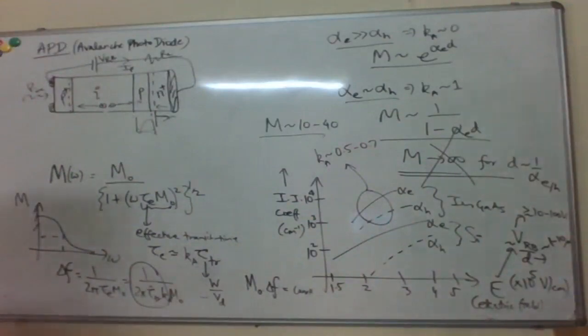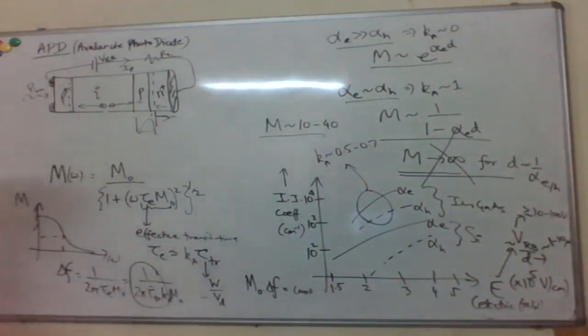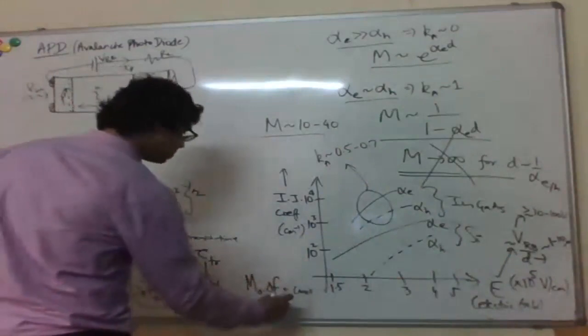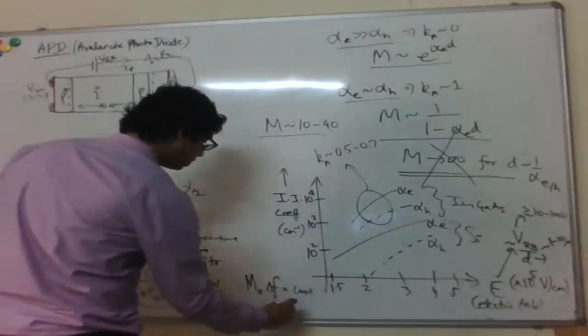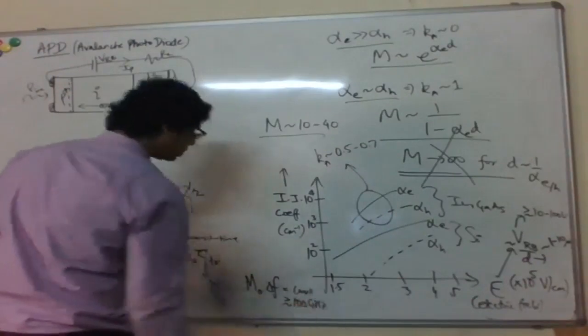Typically for the APDs that one uses for telecom applications, this M times bandwidth product can exceed 100 gigahertz.